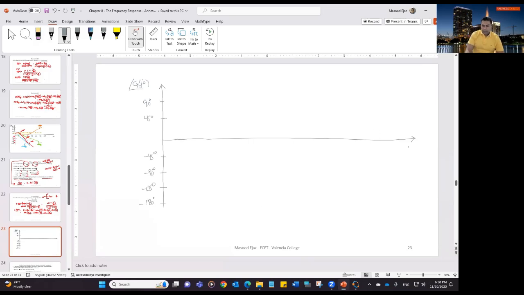And my frequency in logarithmic scale, radian per second. Let's say this is my 1. This is 10. 10,000. That should be good enough.